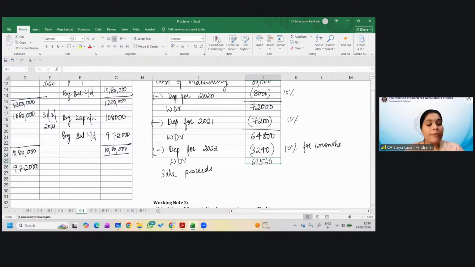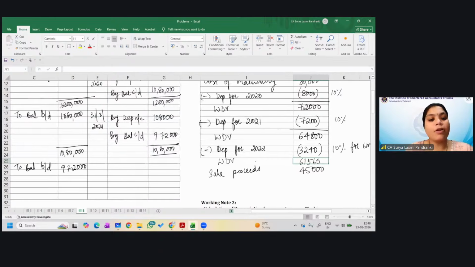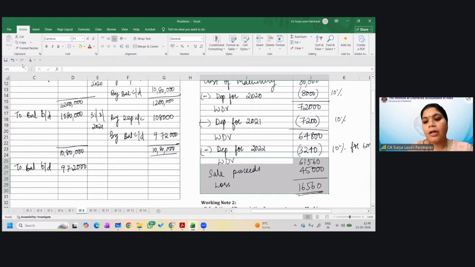What is the sale proceeds? They told that we sold it for 45,000. Now is it a profit or loss? Tell me. Is it a profit or loss? Loss, how much? 16,560. Okay. Is everyone clear with this? How we have calculated the loss on disposal?